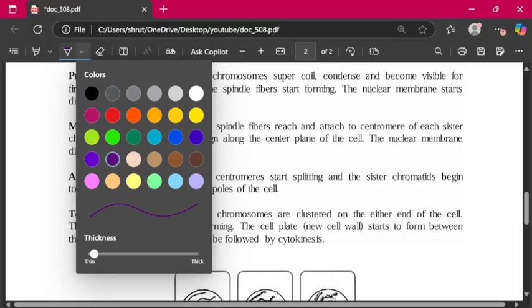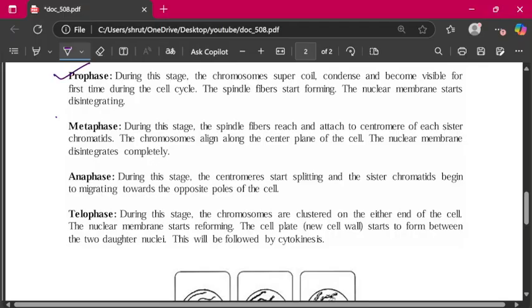So firstly, the prophase. During this stage, the chromosomes supercoil and condense and become visible for the first time during the cell cycle. So this is the stage where you can see condensed chromosomes.